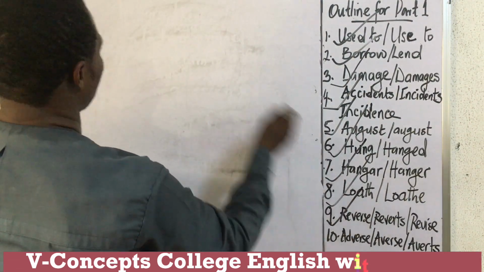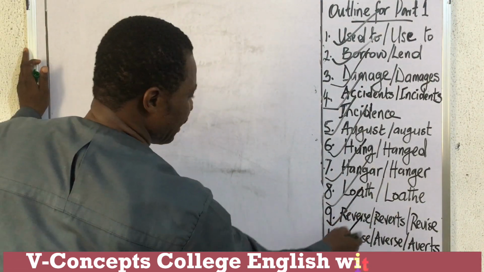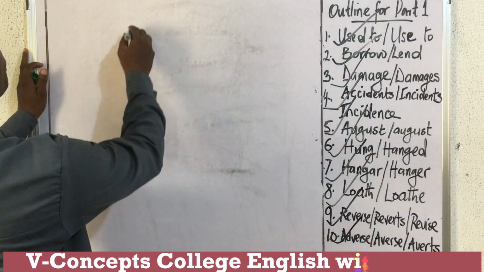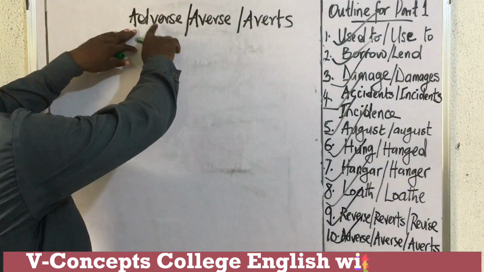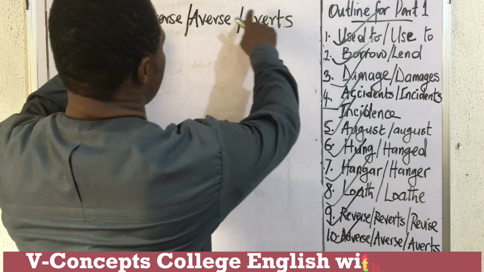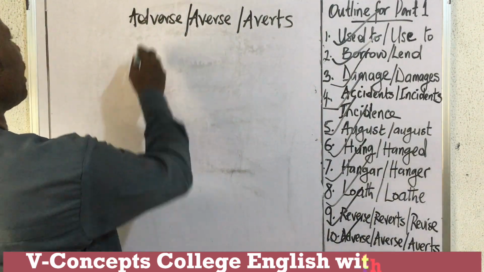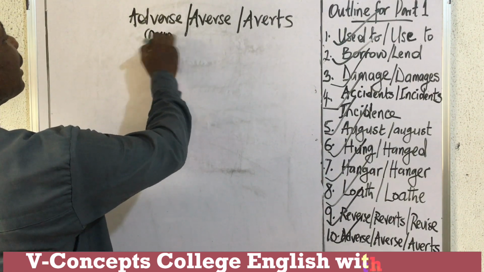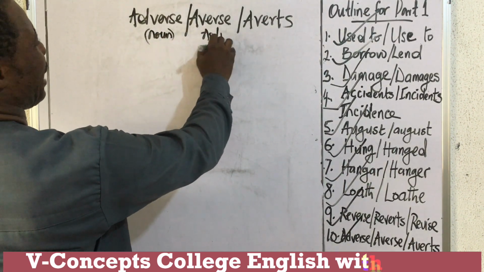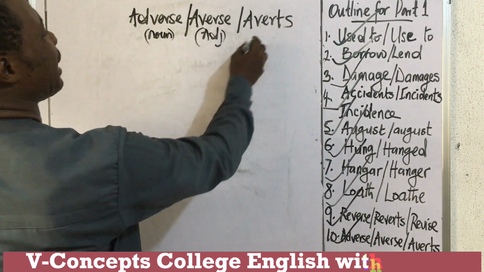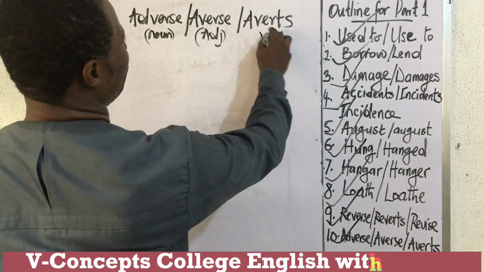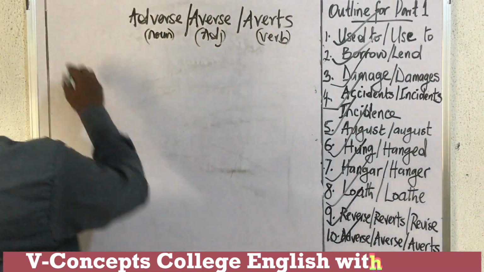So the last set of words that we have includes adverse, averse, avert. Now looking at these words, this one is a noun, this one can be an adjective, and this one can be a verb. All right? And what do they mean?